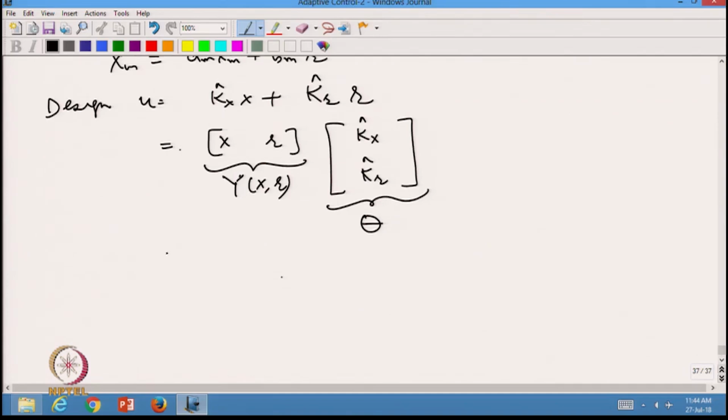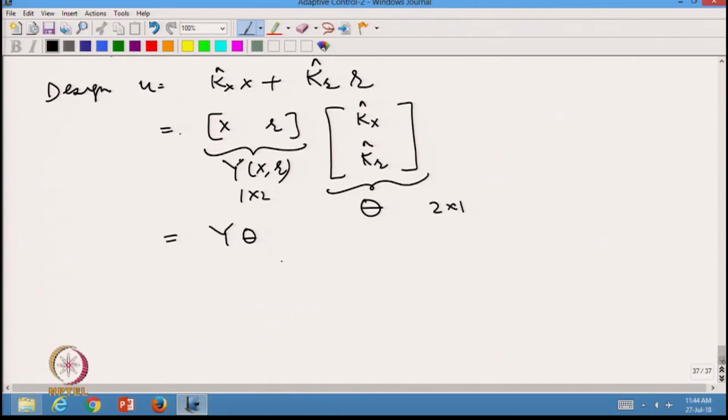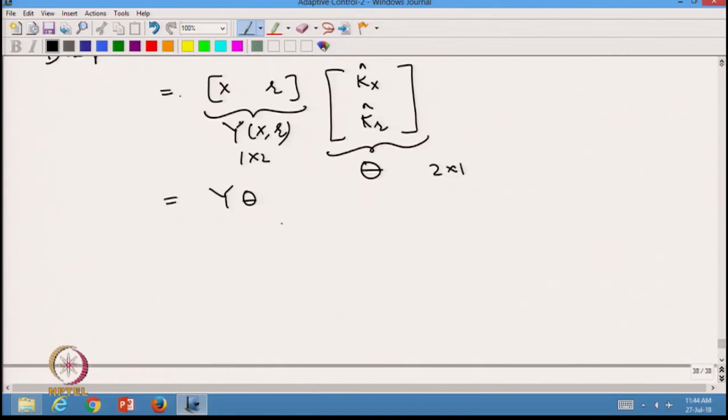So u is given by y theta. So y is 1 cross 2 and theta is 2 cross 1. So u is a scalar.